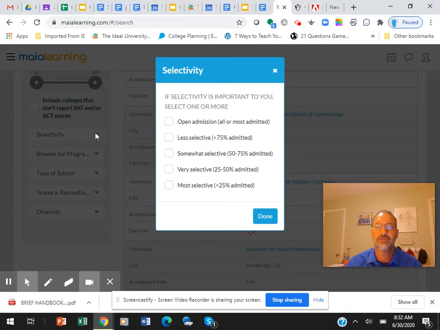The 25 to 50% is, for most students at ISY, in that fit range. Some students it's reach, some of them it's fit and maybe easier to get into. And the somewhat selective 50 to 75% and below is usually your safety schools.